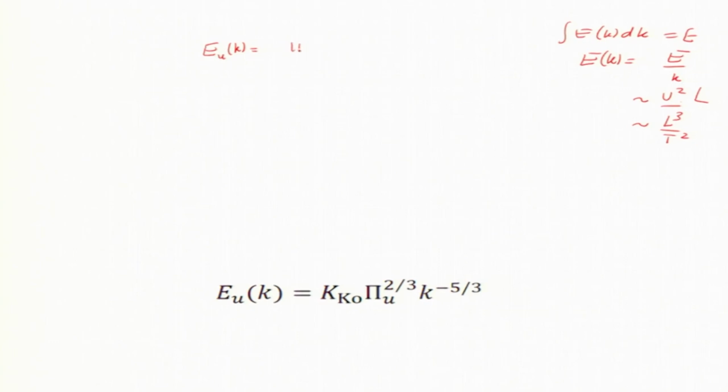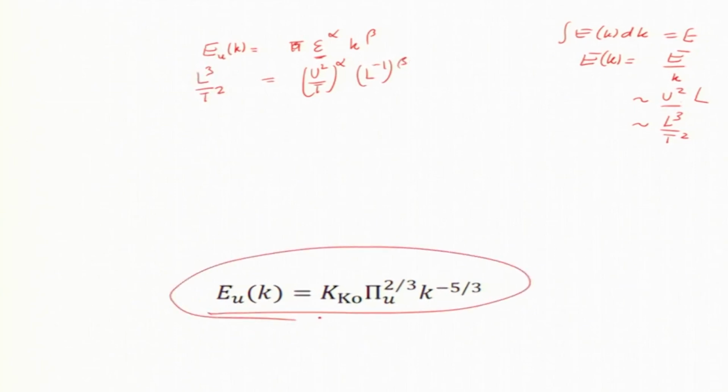E u k is a function of pi, or the dissipation energy injection rate, which is same as the cascade, to the power alpha, and k to the power beta. So, we know the units of epsilon, which is energy supply rate, u squared by T, and k is L to the power minus 1. So, you match the units on both sides, and then we derive this formula.